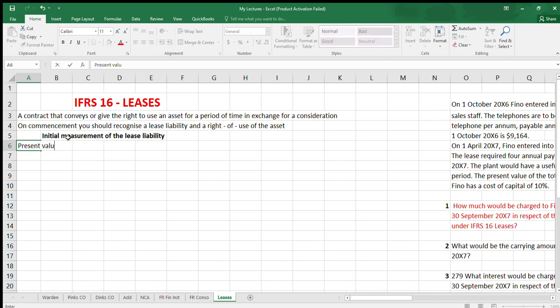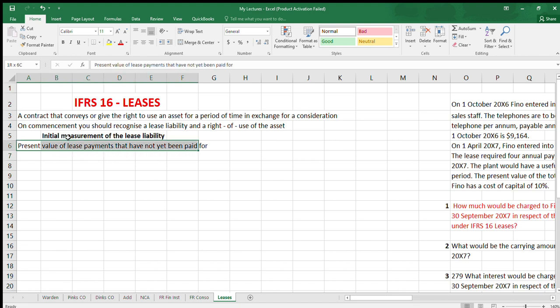So if they give you a total of 3,000 and they tell you that 1,000 was paid, you subtract the 1,000 from the 3,000, then the 2,000 becomes the initial liability because you haven't yet paid for it, so it is a liability. So initial measurement is the present value of payment.